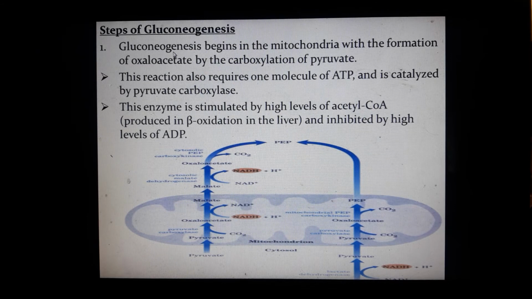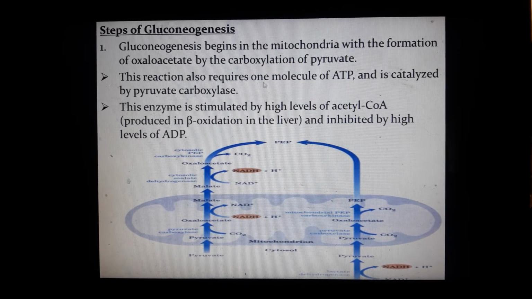Okay? Steps of gluconeogenesis. Gluconeogenesis begins in the mitochondria with the formation of oxaloacetate by carboxylation of pyruvate. Meaning, itong pyruvate undergoes the carboxylation process. Pyruvate is converted to oxaloacetate. The reaction involved is carboxylation.